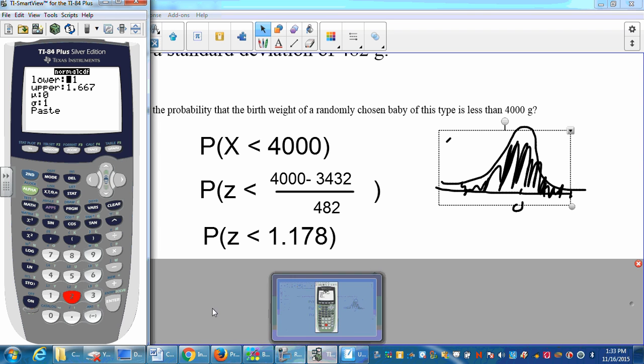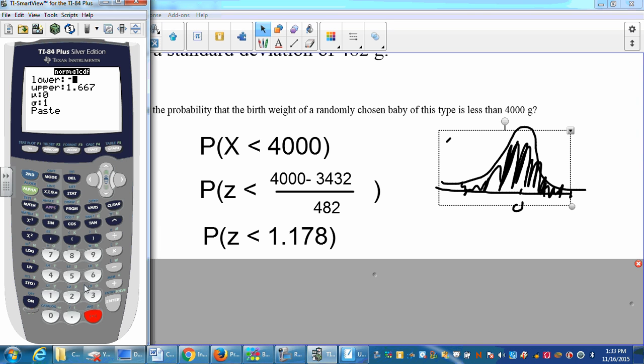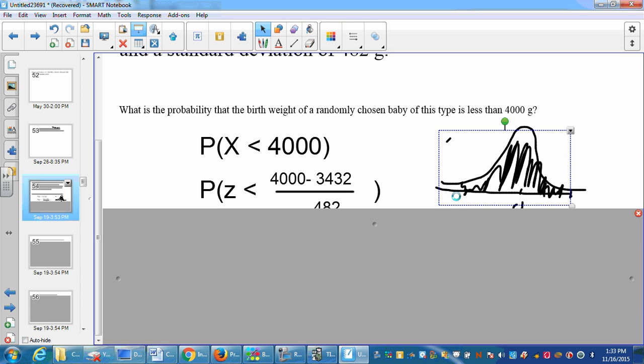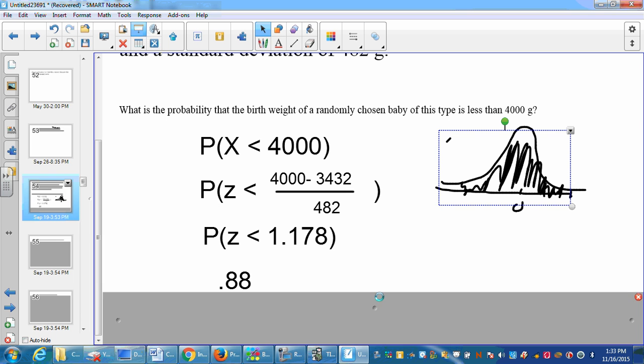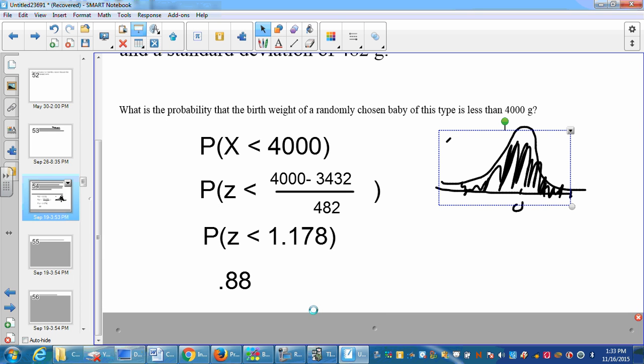We can't type in infinity, but we can type in negative 999. Then we go all the way up to our z-score of 1.178. Once we have that, we hit enter, and you find that our value is 0.88. So 88% of the data, and you can see from our diagram that a good chunk of the data is in that range.